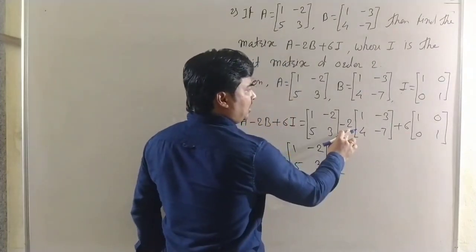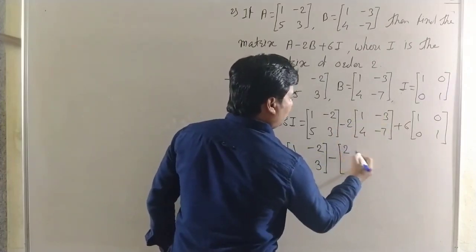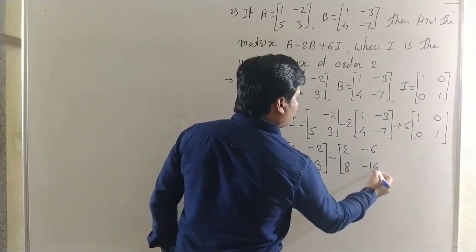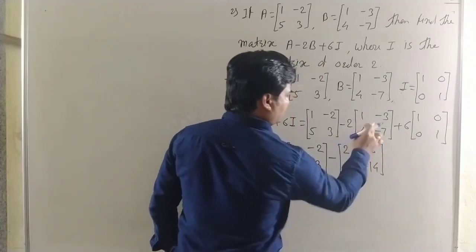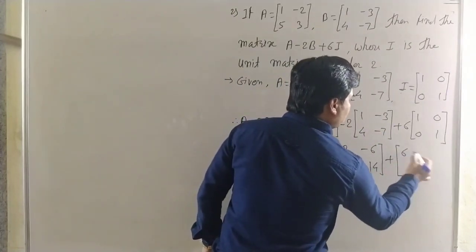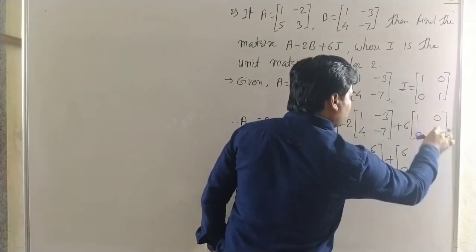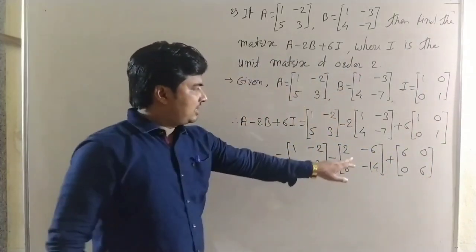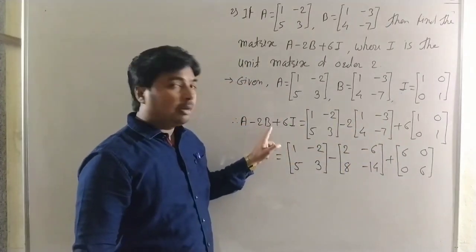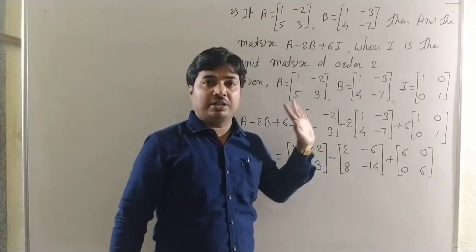Okay, for the scalar multiplication we multiply all elements in the matrix. 2 minus 6 8 and minus 14. Okay, and here plus 6 0 0 6, we multiply all elements in the matrix by 6. Here it is a scalar multiplier. For the matrix B we multiply by 2, for the matrix I we multiply by 6. It is a scalar multiplication.